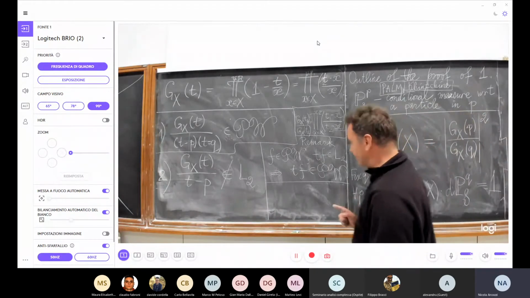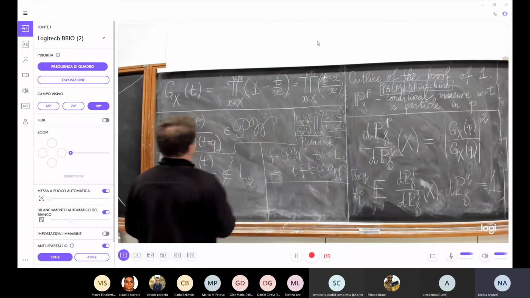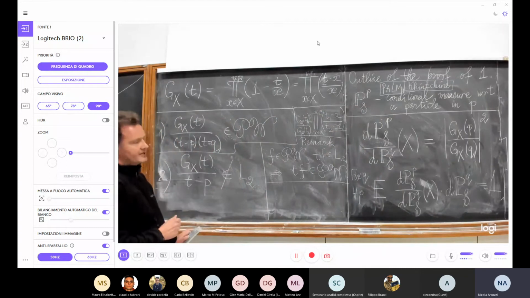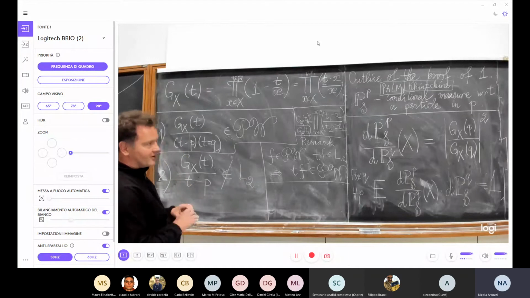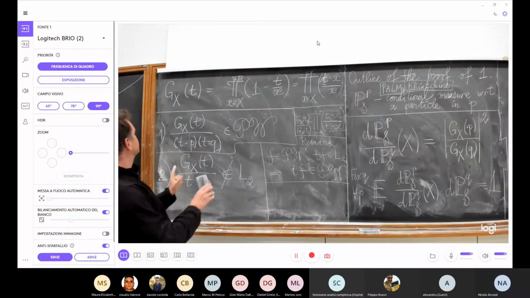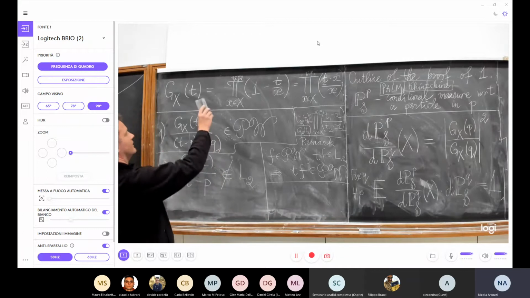Therefore, the expectation of the square of the function divided by, so let me continue.